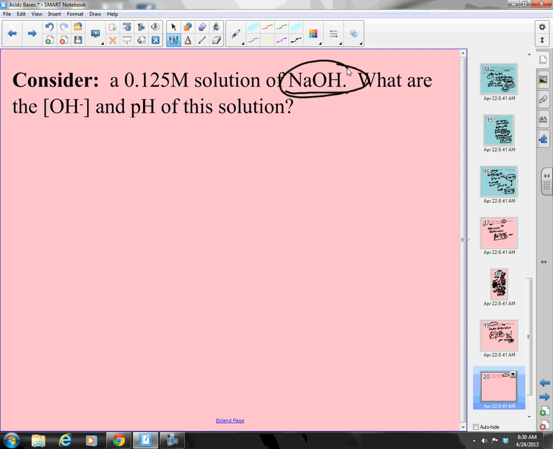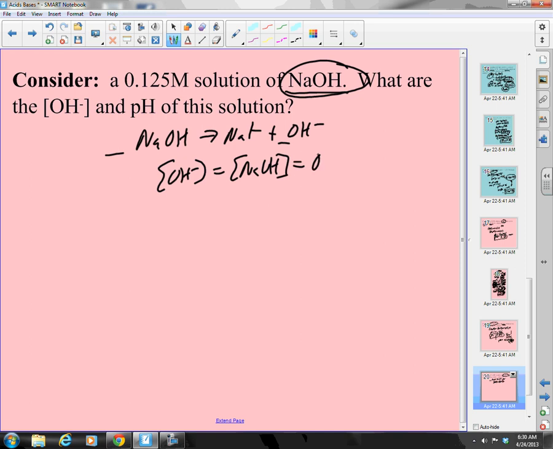Strong base, here we go. First, NaOH goes to Na plus and OH minus. What's my ratio? 1-to-1. So my OH concentration equals my sodium hydroxide concentration, which is 0.125. pOH is the negative log of my hydroxide concentration, 0.125, which is 0.90308.